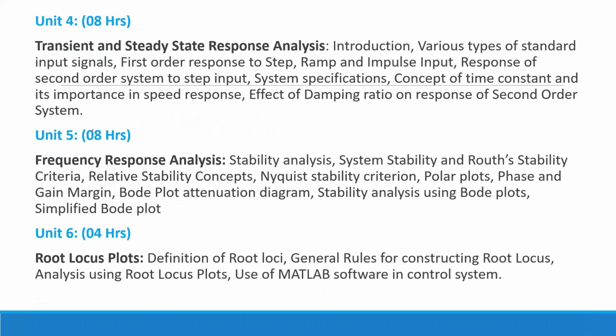Now in section B we are having unit number 4, 5 and 6. Unit number 4 and 5 are each of 8 hours, and unit number 6 is of 4 hours.